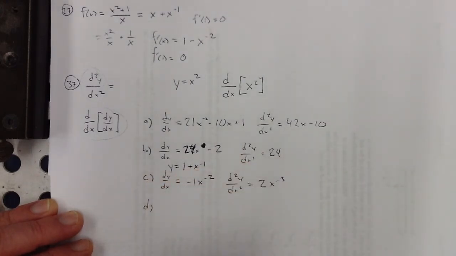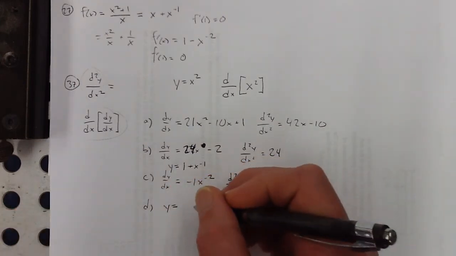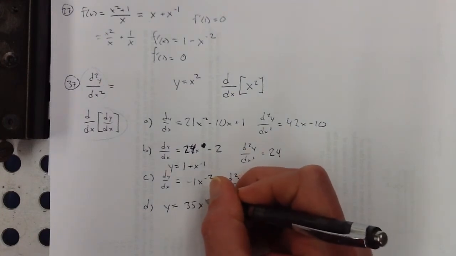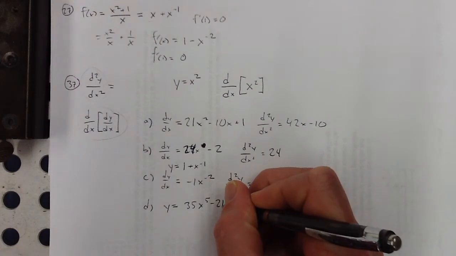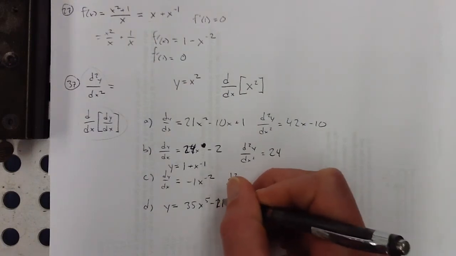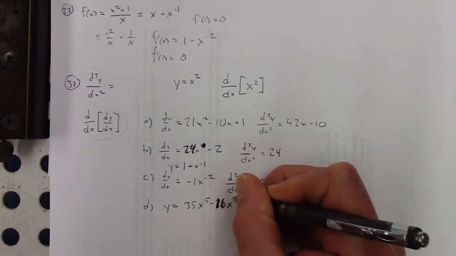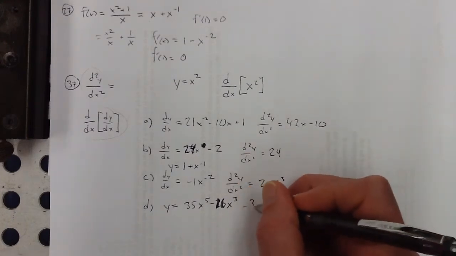And then D, again, I need to do a small bit of algebra first and FOIL this thing out. 35x to the 5th minus 21 plus 5 is minus 16x cubed, right? Those are two x cubed terms when you FOIL that, minus 3x.